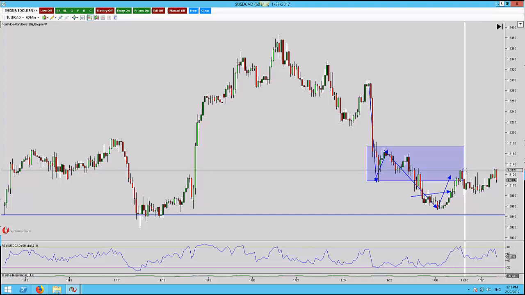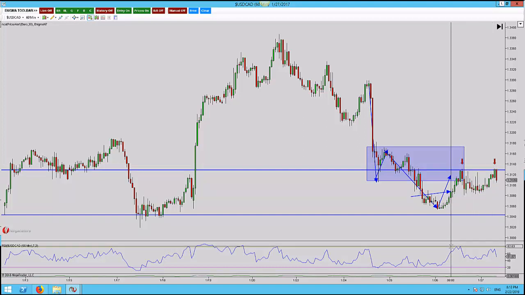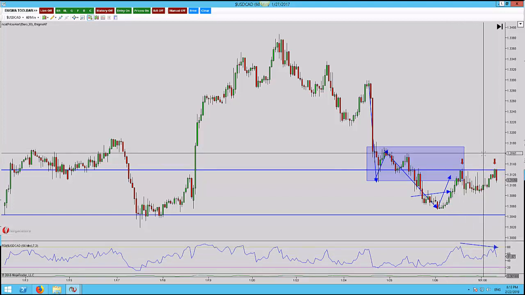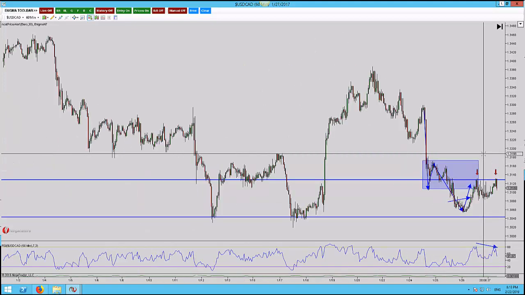Right, okay, now this is different. So structure level in here, you can see now we've come up for a retest. We've got the RSI divergence, went overbought, only slight divergence, but it's confirmation.